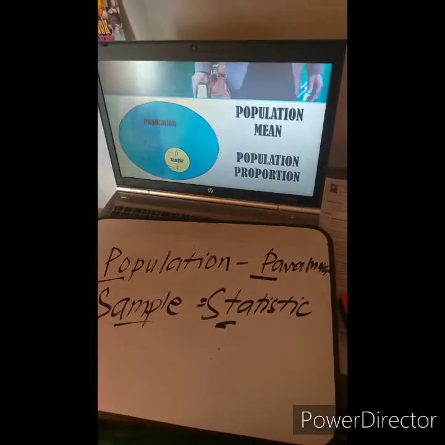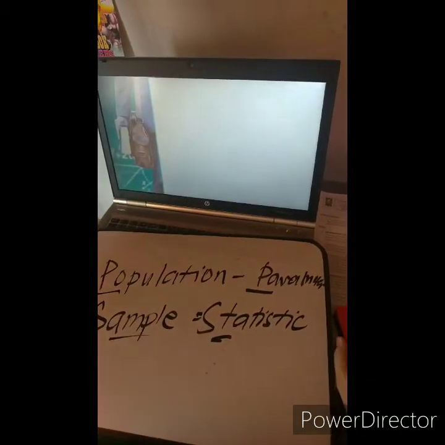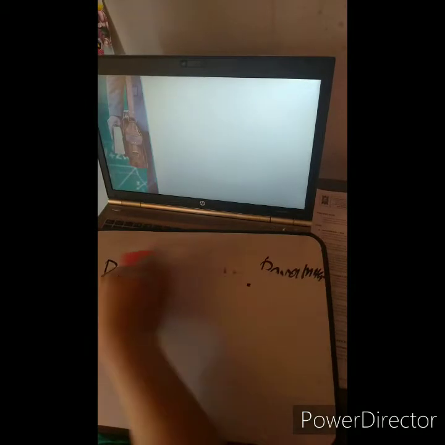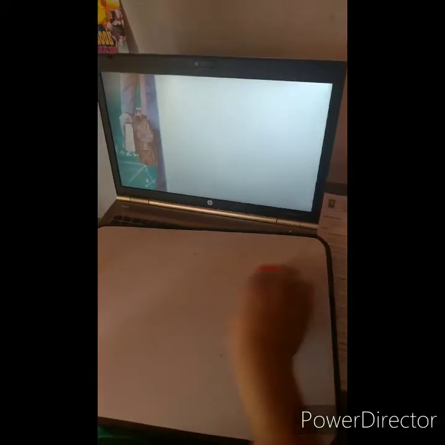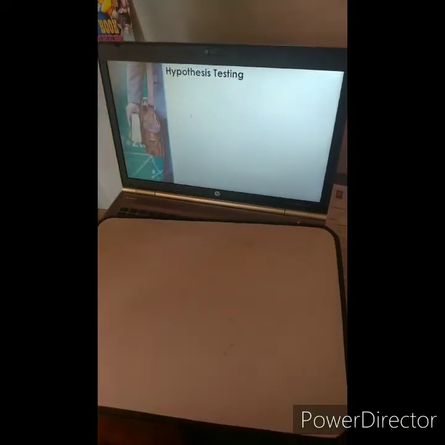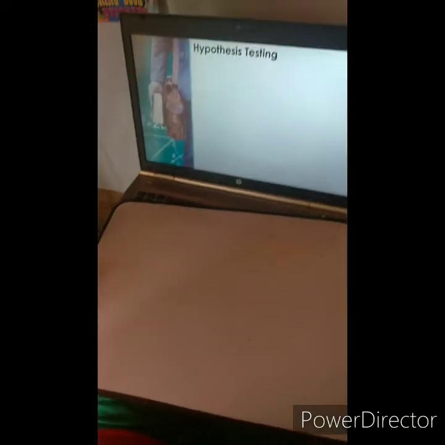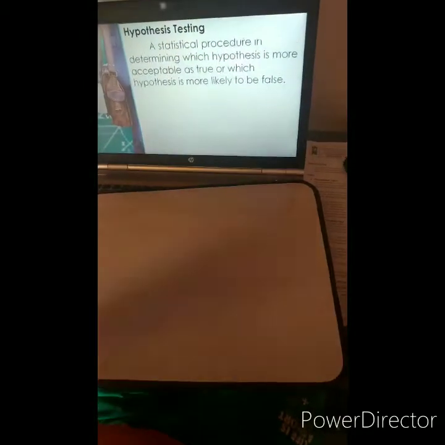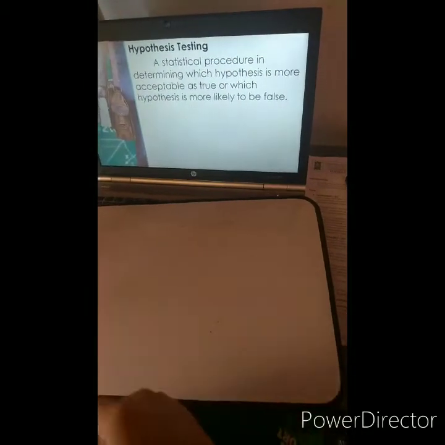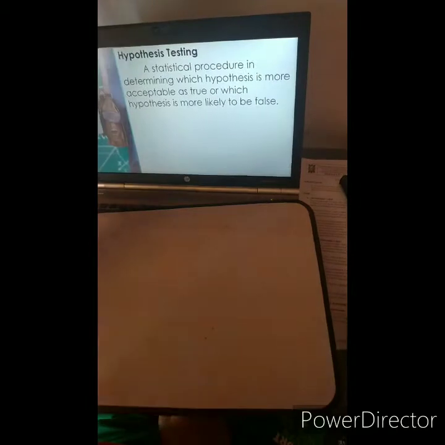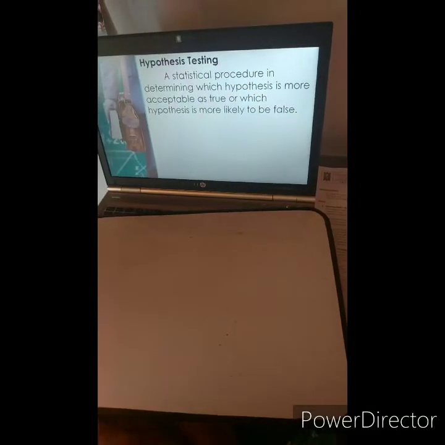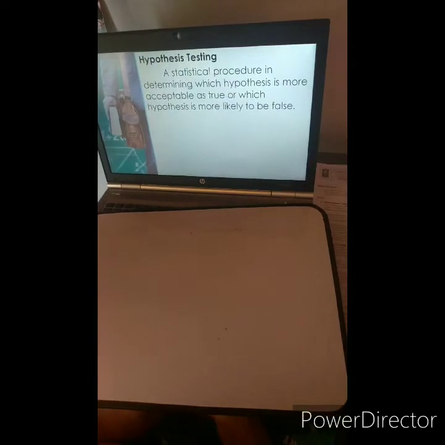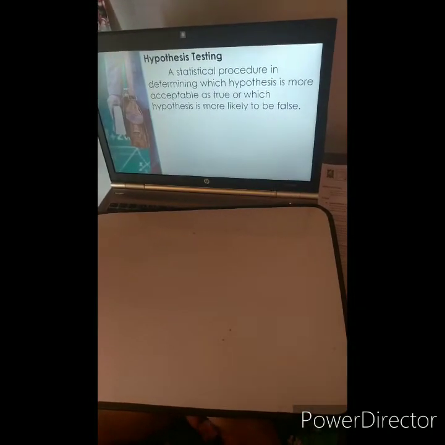Now, let's go to the definition of terms. Again, you have to make sure that you understand the definition of terms, because that will be a foundation of our lesson. When we say hypothesis testing, it is a statistical procedure in determining which hypothesis is more acceptable as true or which hypothesis is more likely to be false.